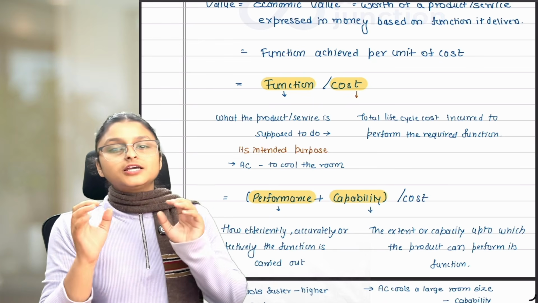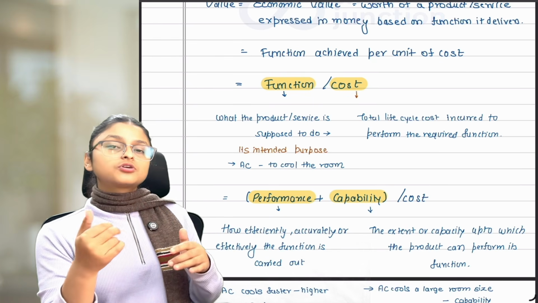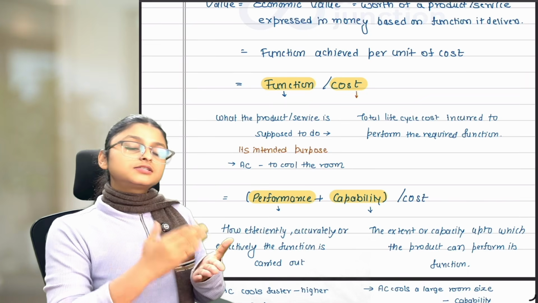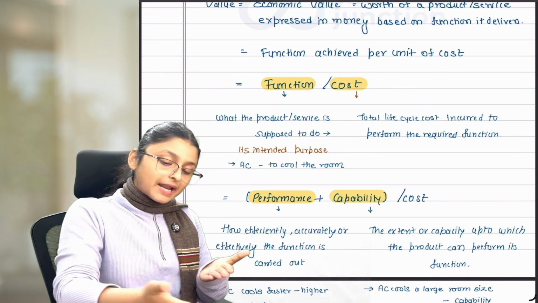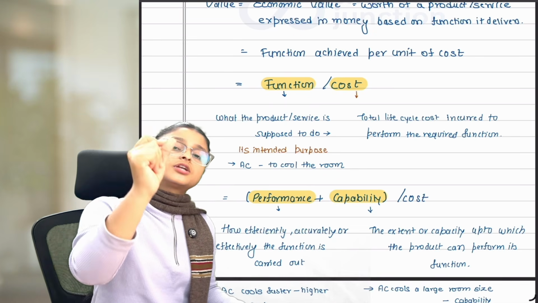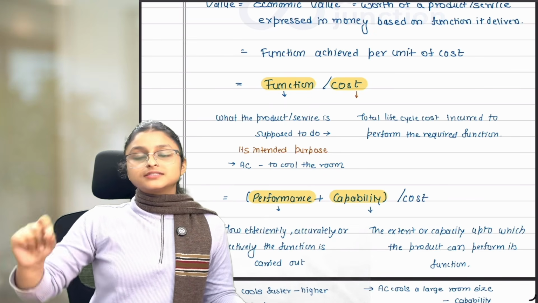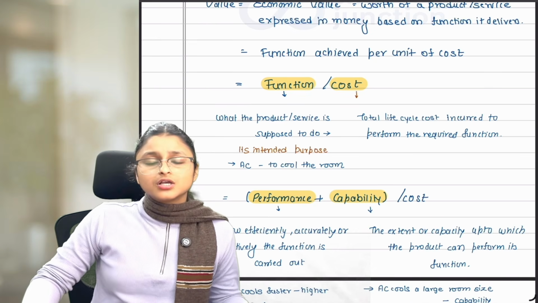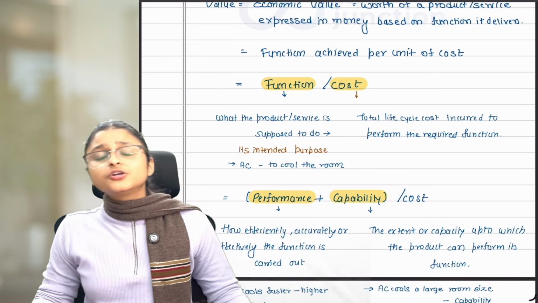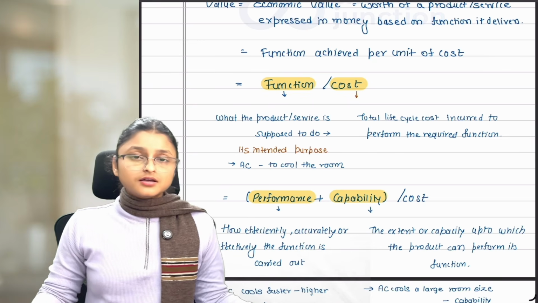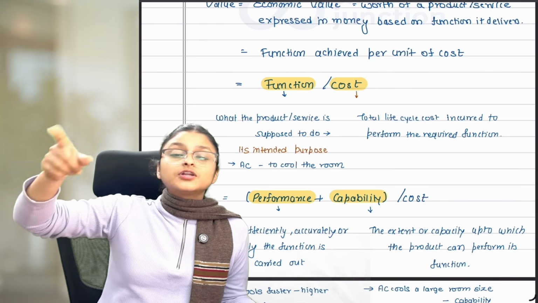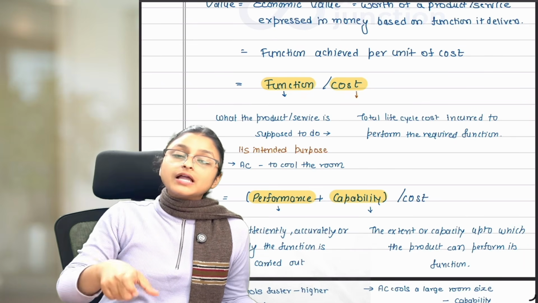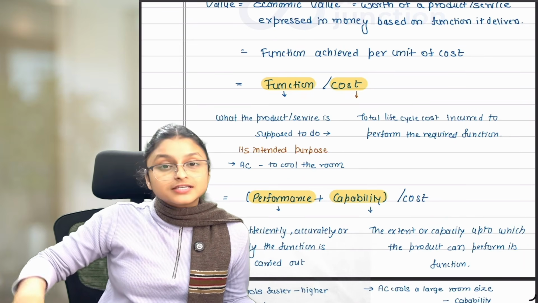But mainly, in the practical application of value analysis, organizations' main aim is to reduce the cost, keeping the function as it is. Because improving the function can be done with other techniques also, like value innovation or value chain analysis. But for reducing cost specifically, value analysis is applied by the organization.